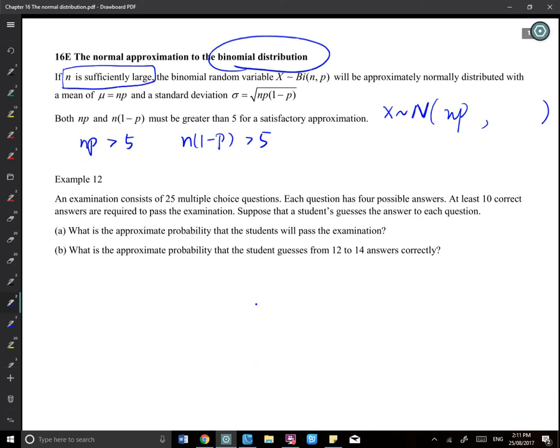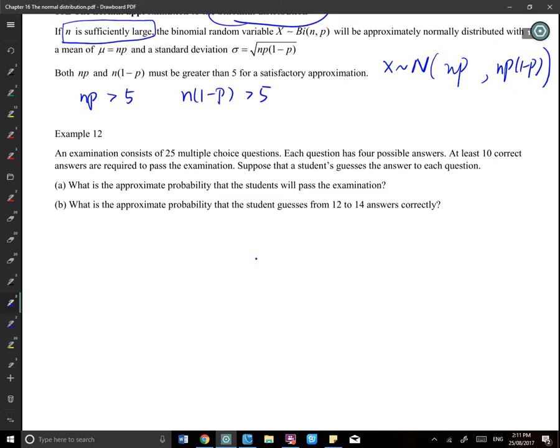And the variance is still the variance of the binomial: np(1 minus p) is the variance. So we still use that mean, we still use that variance, and we treat it as a normal distribution.